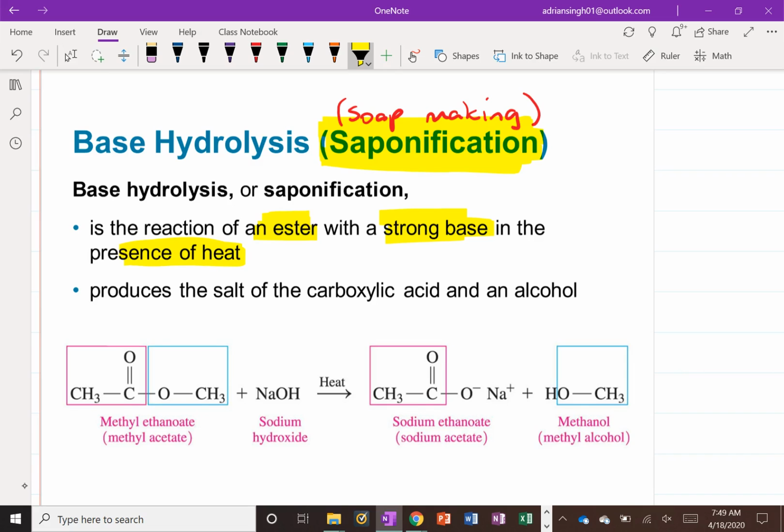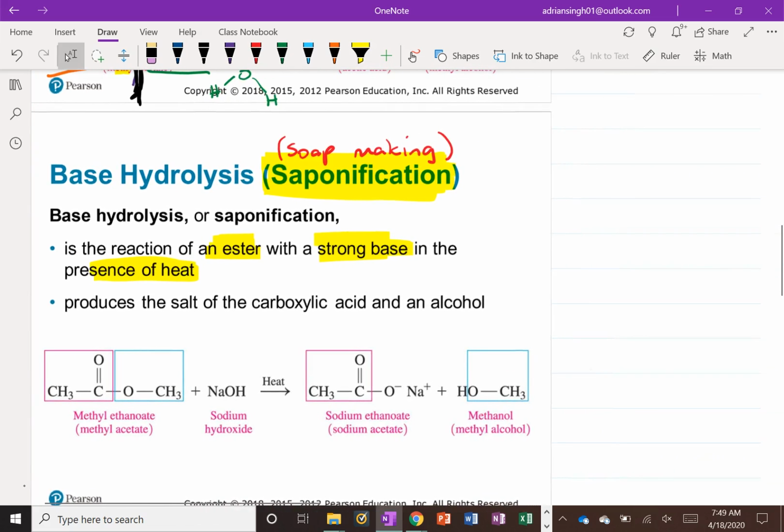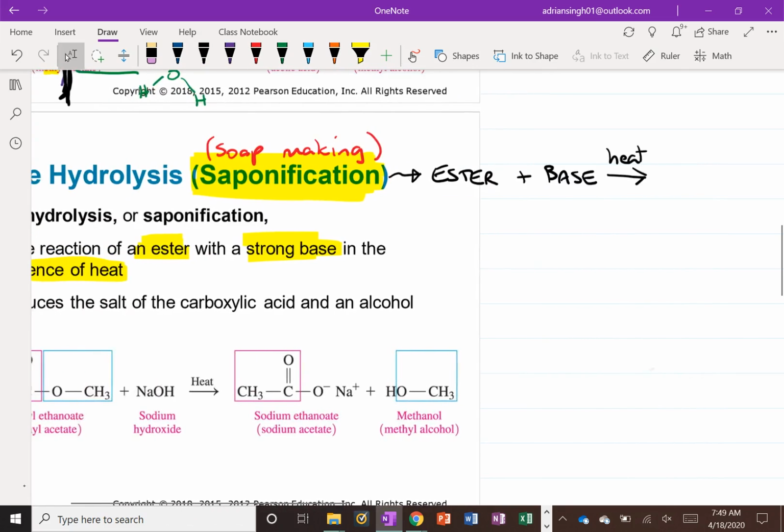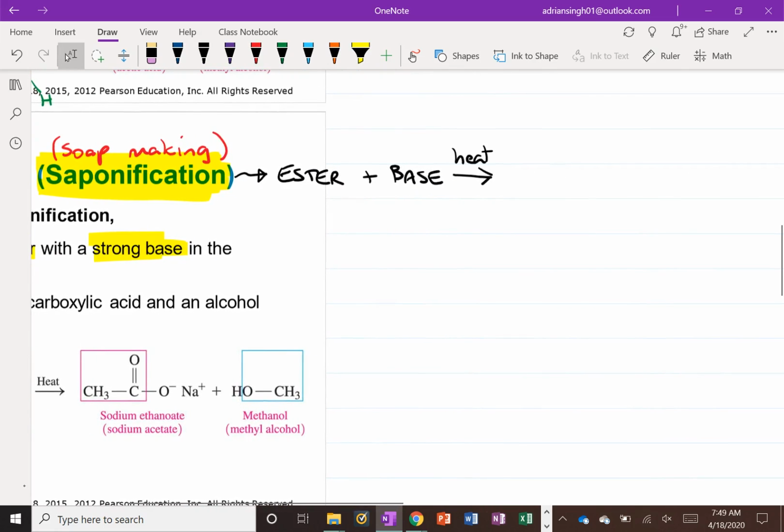The products that we're going to get under basic conditions are going to be different than what we saw under acidic conditions. So under basic conditions, we're going to have our ester plus a base with a little bit of heat, which is going to give us the salt of the carboxylic acid, and we're also going to get the original alcohol.